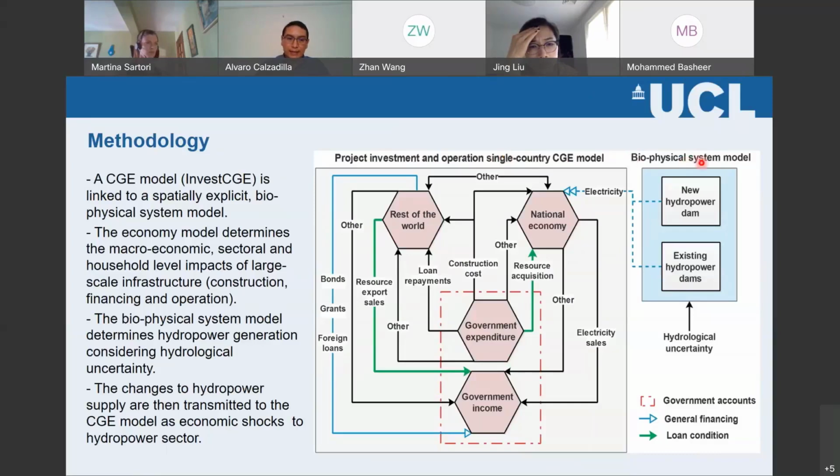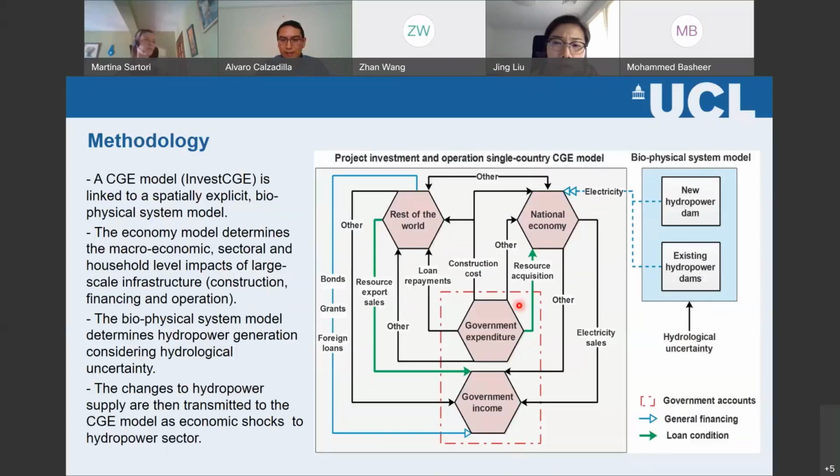In the biophysical system model, we determine the hydropower generation considering a hydrological uncertainty. And then the changes in hydropower supply are then transmitted to the CG model as economic shock to the hydropower sector. And what is central here in the analysis is basically that these projects are backed by the government.